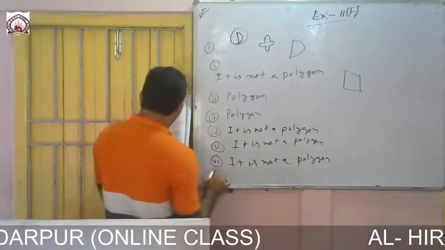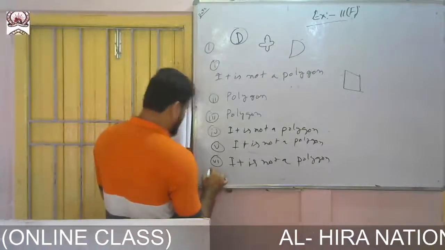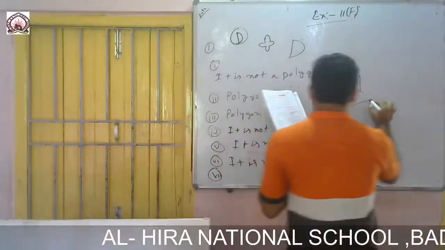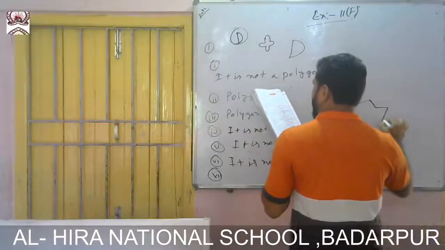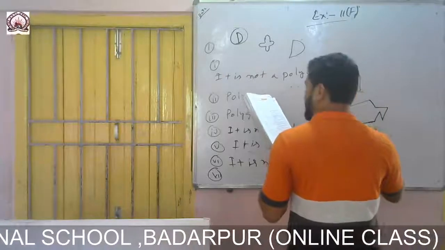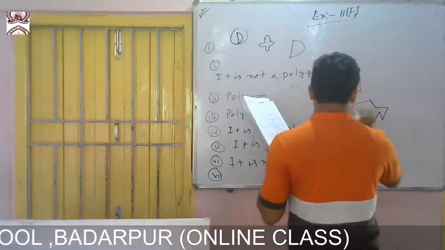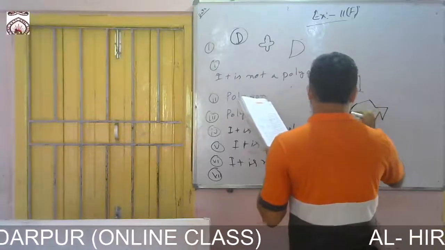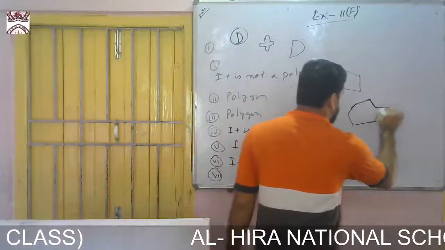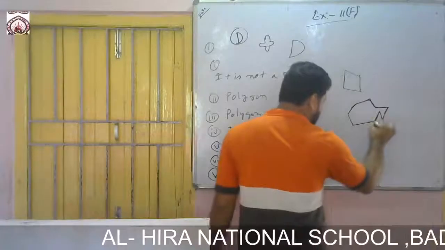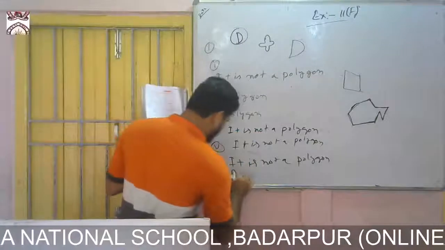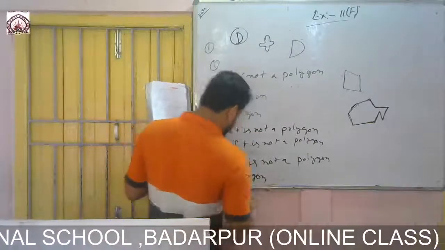Then number 7, yes, it is a polygon, because all are made up of line segments, this one line segment, this one, this one, and so on. So it is a polygon.